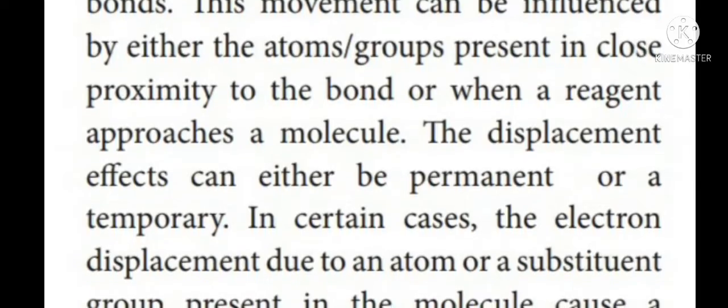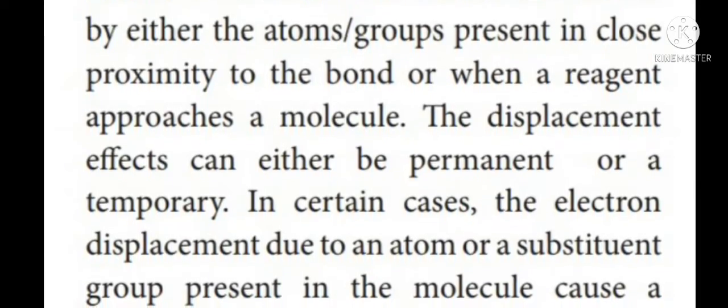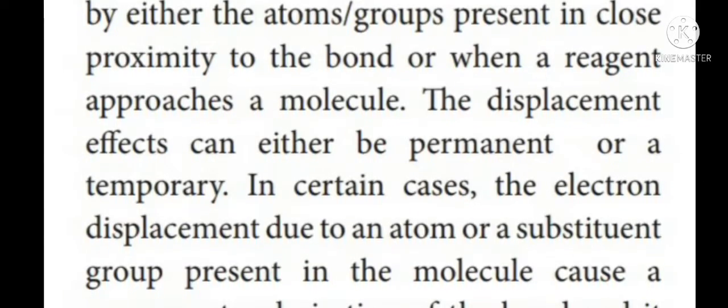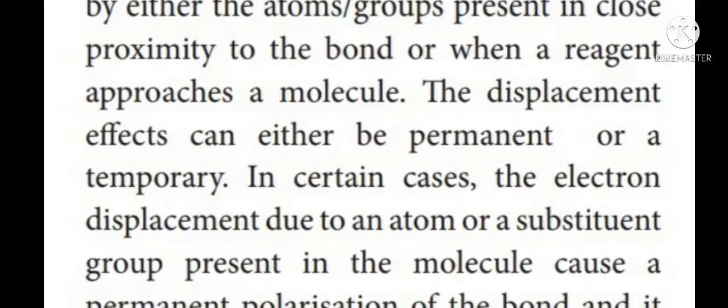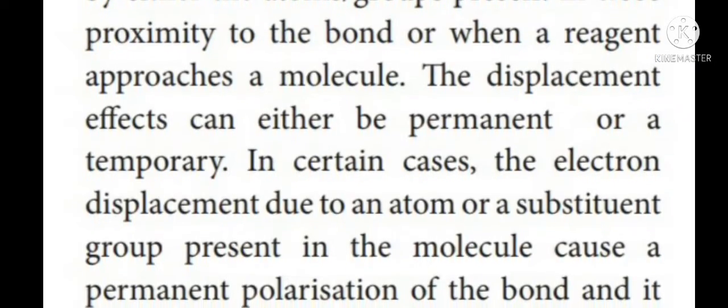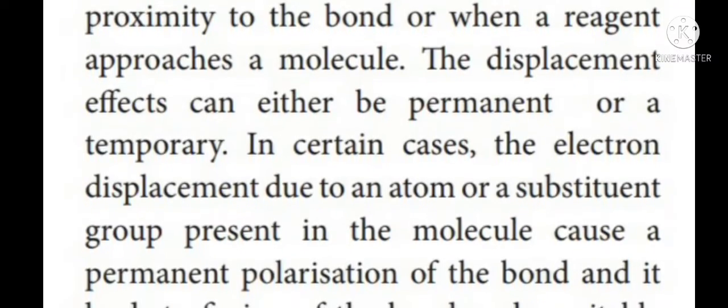Here, the movement of electrons in a covalent bond is due to the atom or group present in the molecule, or any other reagent that approaches the molecule. These displacement effects can either be permanent or temporary.